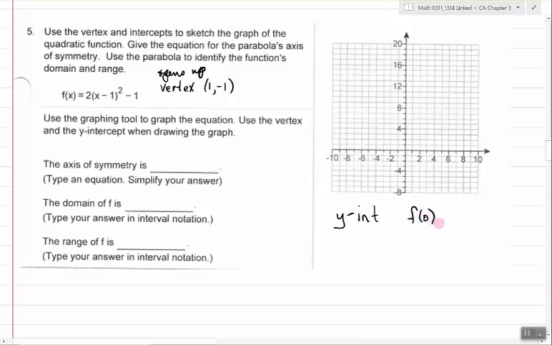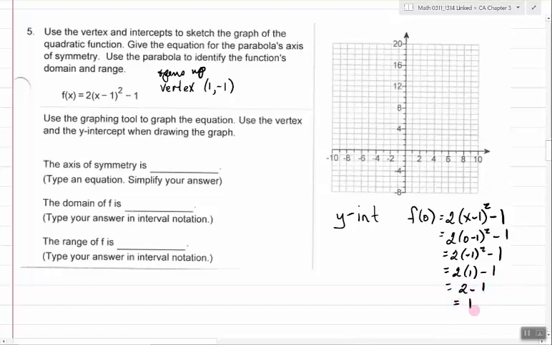Remember, the y-intercept is when x is 0, is 2 parentheses x minus 1 quantity squared minus 1. So it is 2 times 0 minus 1 squared minus 1. So it is 2 times negative 1 squared minus 1. That's 2 times 1, because negative 1 squared is 1, minus 1. That's 2 minus 1, which is 1.